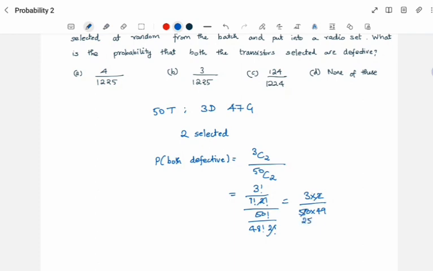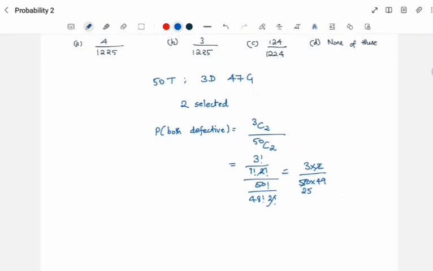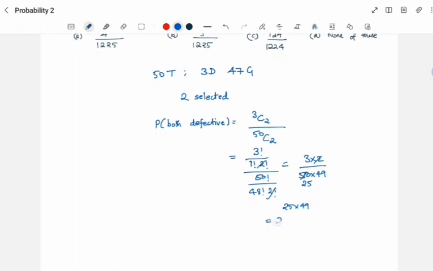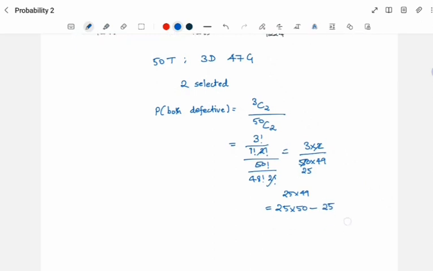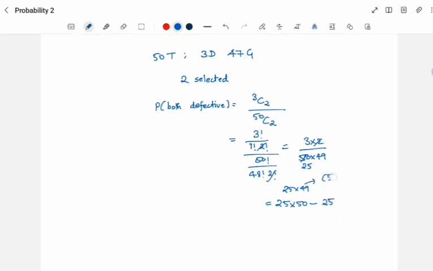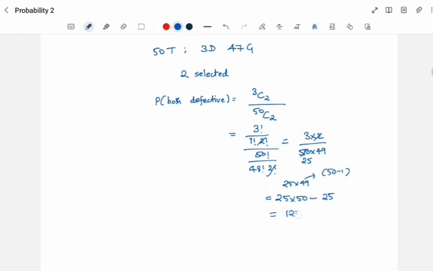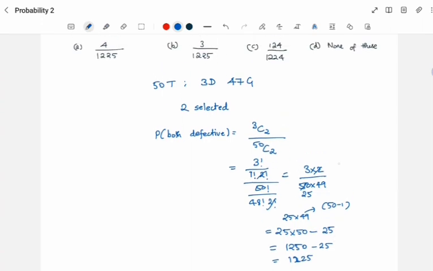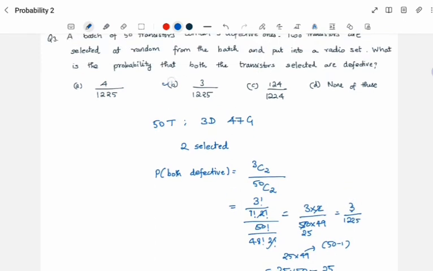So this is 3 by 25 into 49. How can I easily calculate 25 into 49? I'll first calculate 25 into 50, then subtract 25. So 49 I write as 50 minus 1, and then multiply inside. So this is 1250 minus 25, which is 1225. So this is 3 by 1225. That is the answer.